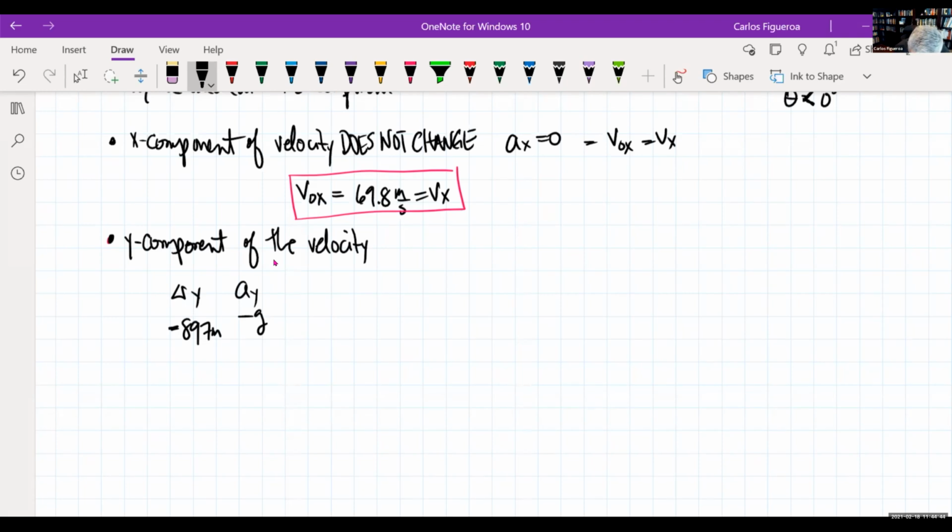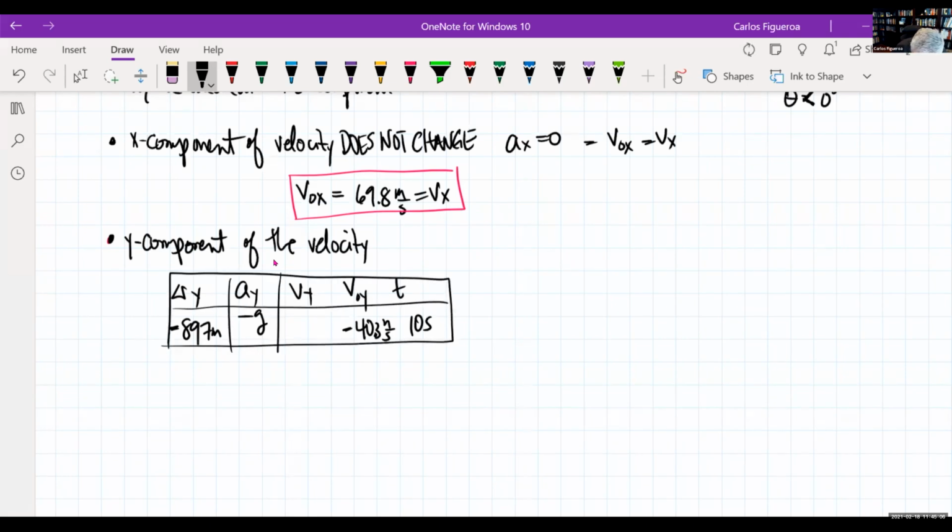And then we have Vy, which we don't know, V initial y, and t. We calculated the initial speed already, and from the problem, the flight time was 10 seconds. So that leaves me only one spot to calculate, that velocity.